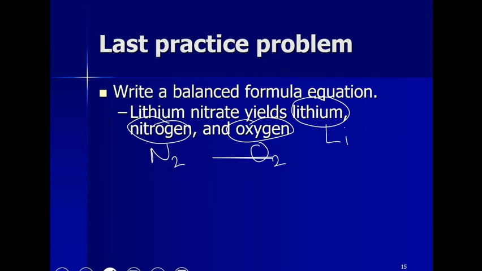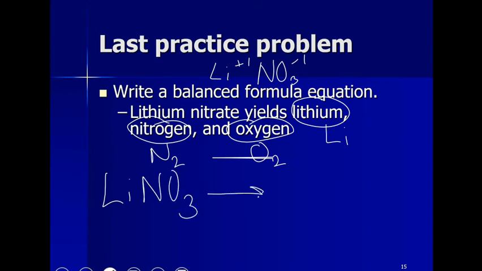So lithium nitrate, well, Li forms a +1 charge as an ion. Nitrate forms a -1 charge. So +1, -1, they cancel. Lithium nitrate, LiNO3, yields lithium, Li plus N2 plus O2.